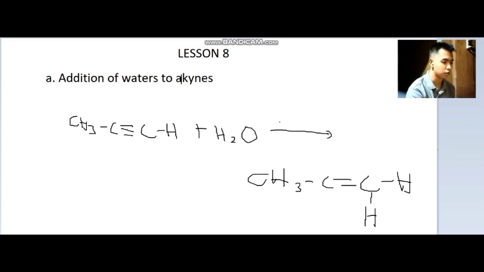There is a lesser hydrogen present here more than the rest. And then the OH will be here. So that is the reaction between the H2O and this alkyne.